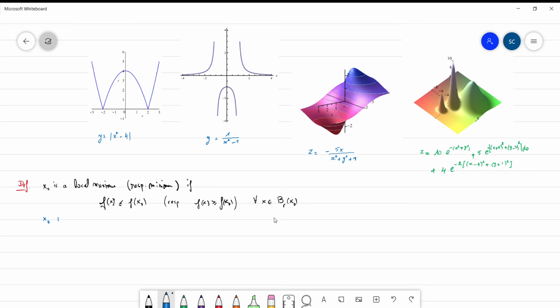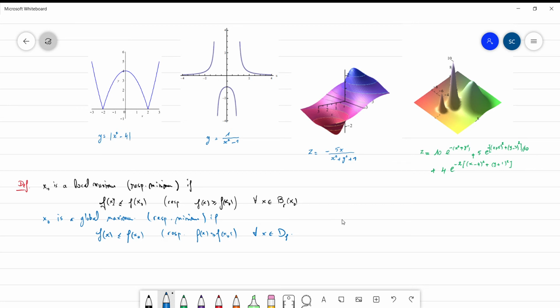So x0 is a global maximum point, respectively minimum point, if the comparison holds everywhere in the domain we are considering: f(x) greater than f(x0) for any x in the domain of the optimization problem. So we need to make this difference clear.